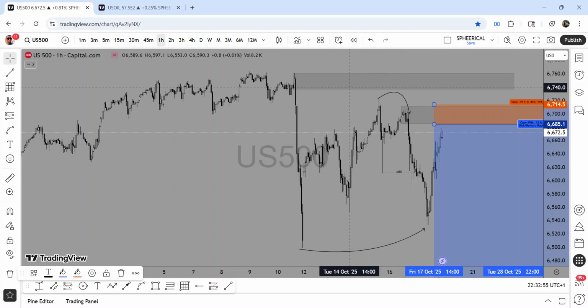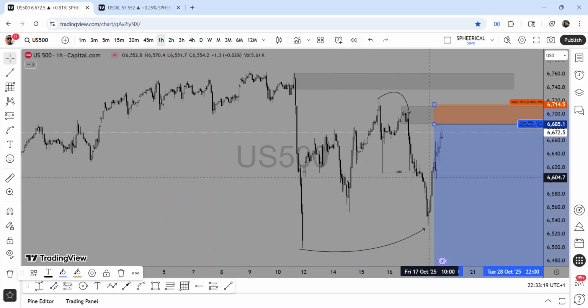But within this zone, we are still trading a ranging market. Here is still ranging because in a normal trending market, as this market broke this structure here, it would have bought from here and continued.